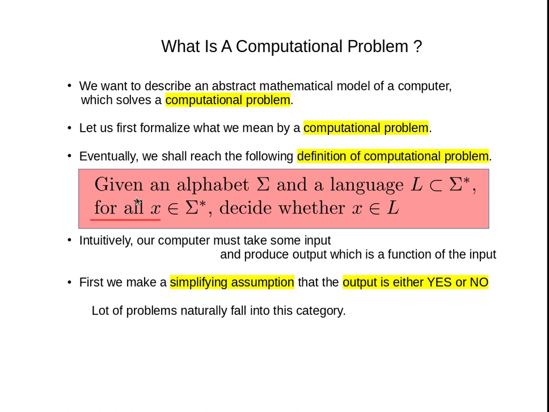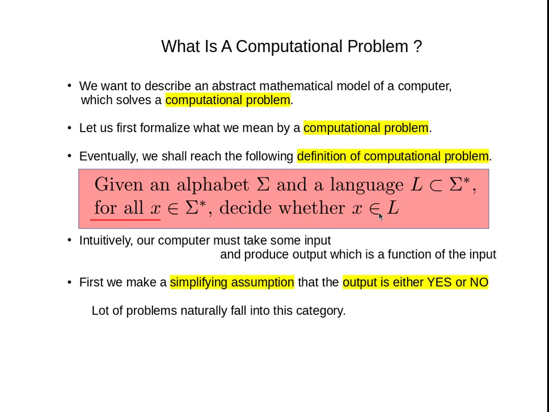Given an alphabet sigma and a language over this alphabet sigma, the problem is that for all strings in sigma star, decide whether this string is also in the given language, right? The language is given, meaning it's somehow defined, and then you have to design a computer which can decide for any string whether or not this string belongs to this language.